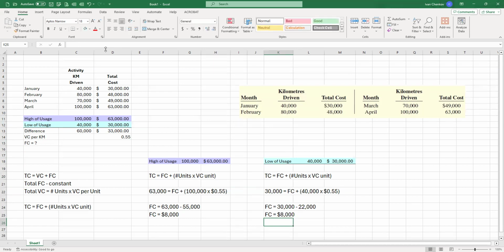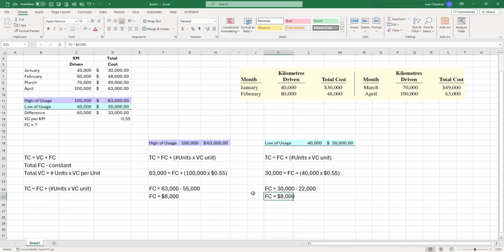So what does that show me? That shows me, regardless of which method I use, high or low, my fixed cost is always going to be the same. So you don't have to use both points. You can use only one, because regardless of which point you use, you're going to get the same result.